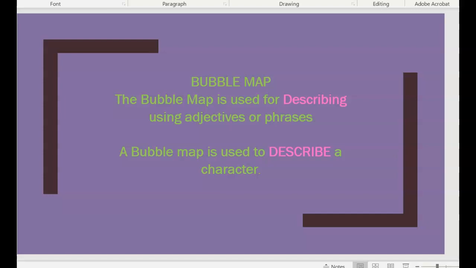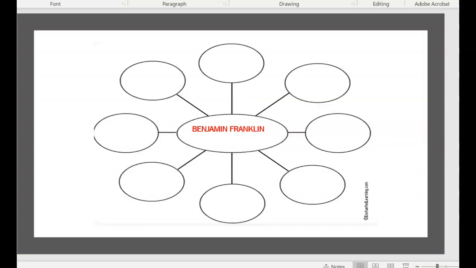You use adjectives and phrases to describe a character, and it looks a little something like this. Hopefully we have jogged your memory and you have remembered learning about this in kindergarten, first grade, second grade, and now third grade. So I went ahead and put Benjamin Franklin in the middle bubble because that is who we are going to be describing today.